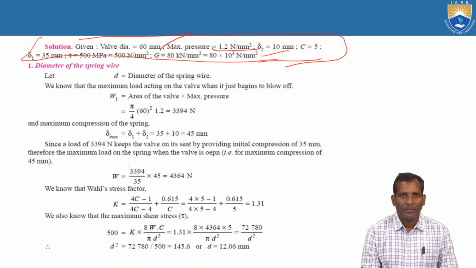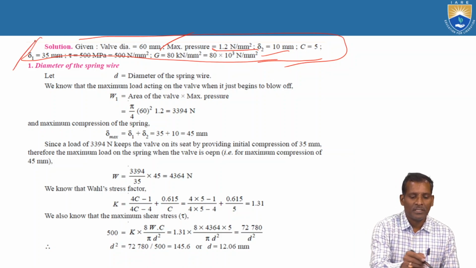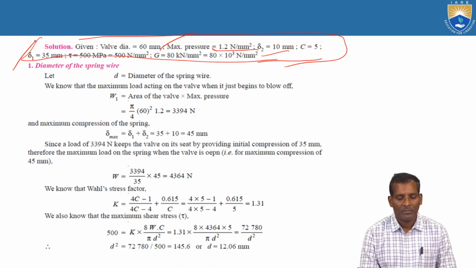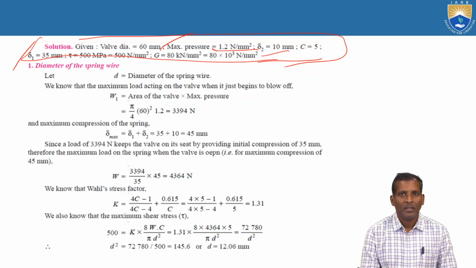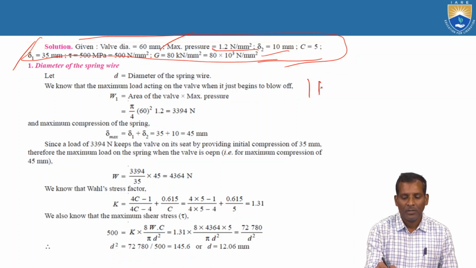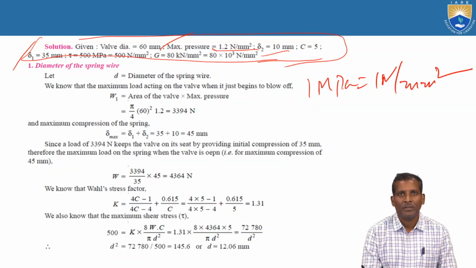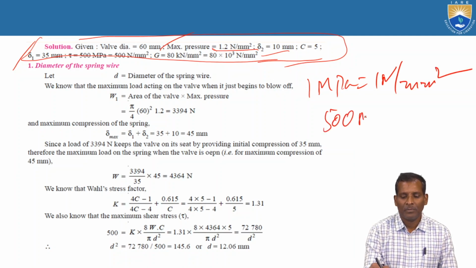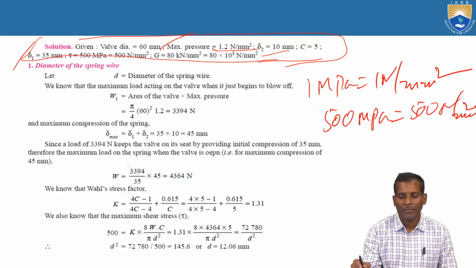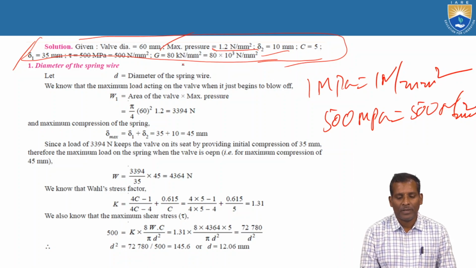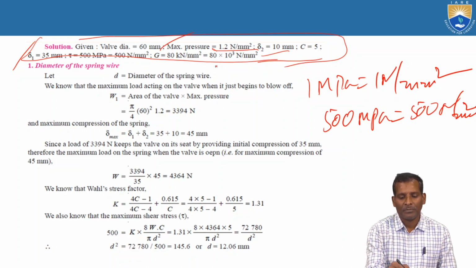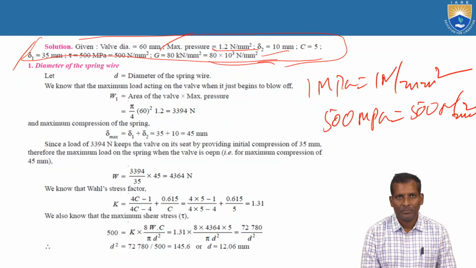C is 5 and delta 1 is 35 mm, the initial compression. The shear stress is 500 megapascal. We convert 1 megapascal equal to 1 Newton per mm square, so 500 megapascal is 500 Newton per mm square. G is 80 kilonewton per mm square, converted into Newton per mm square, 80 into 10 cube.